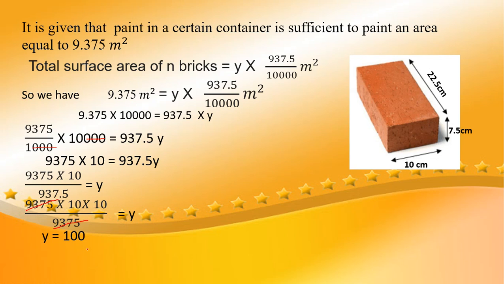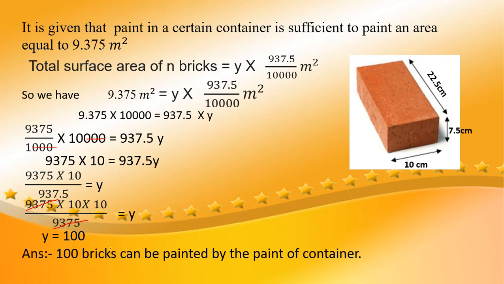So here we can say 100 bricks can be painted by the paint of the container, which is able to paint the area 9.375 meters square. So the number of bricks which can be painted by the paint of the container is 100.